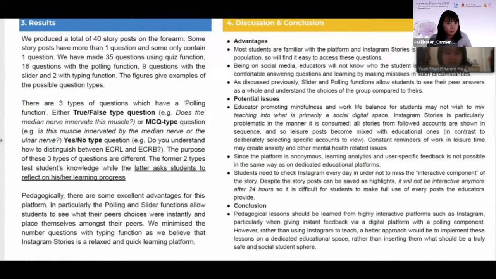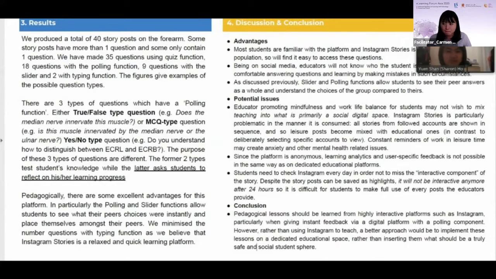We have produced a total of 40 different story posts on the forearm with all 4 Instagram functions, with quiz function and polling function being the most popular. In particular, we would like to highlight polling function as it yields 3 different types of questions: true or false, MCQs, and yes and no questions.